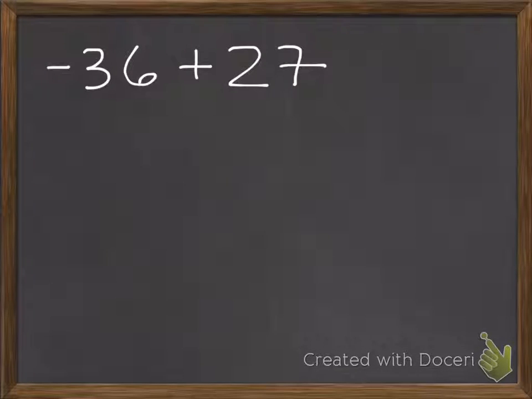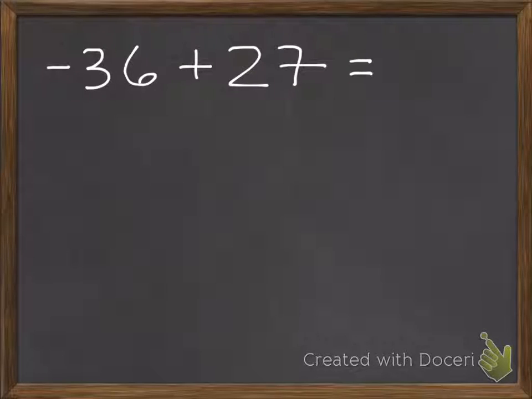So for number one, it says negative 36 plus 27, and I'm going to be going back and forth here. Since we have one negative and one positive, we're going to subtract and take the higher number's sign, so that means it's going to be negative, but we're going to do 36 minus 27, and that would give us 11.